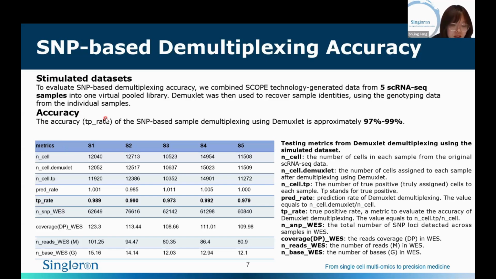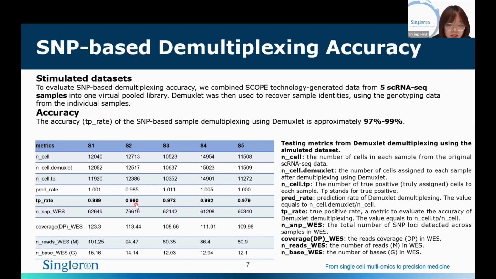Here, the WES data is used as the genotyping data reference. You can see from the testing result that most of the cells are assigned back to the right sample origin, with a true positive rate from 97% to 99%, which is very high.